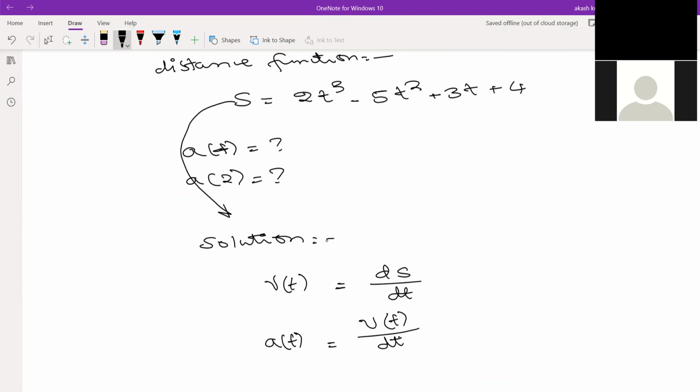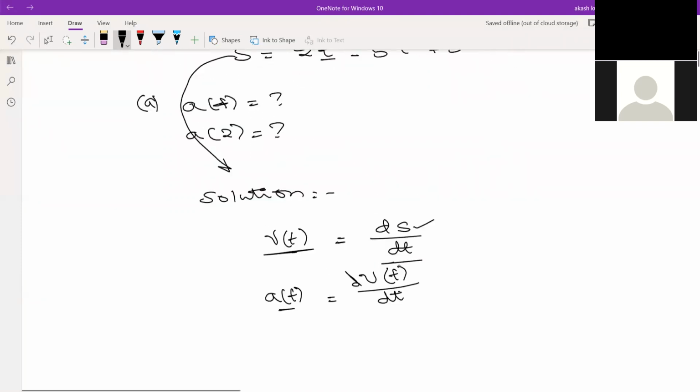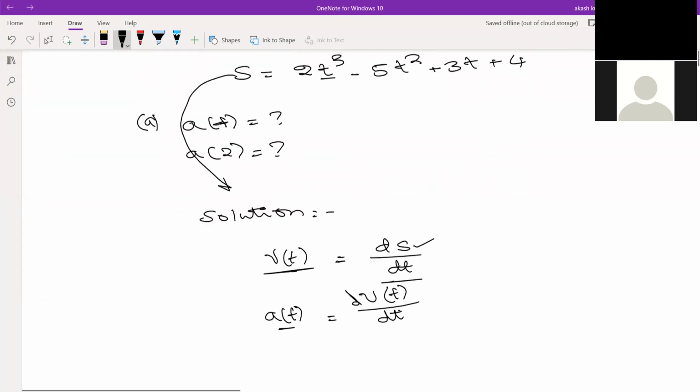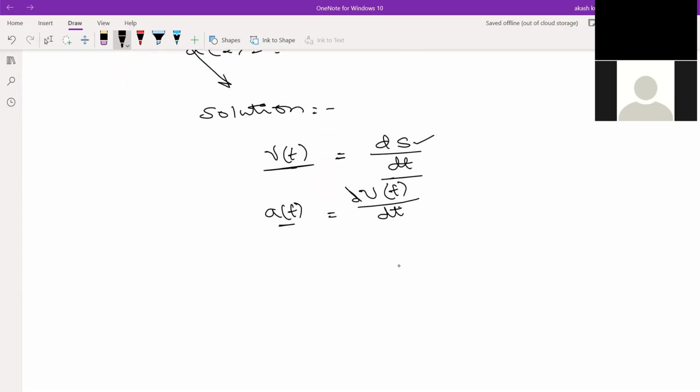Since we have the variable t, we differentiate with respect to time to get velocity, and then differentiate the velocity to get the acceleration. This is how we will do part A. Is it clear? Okay.